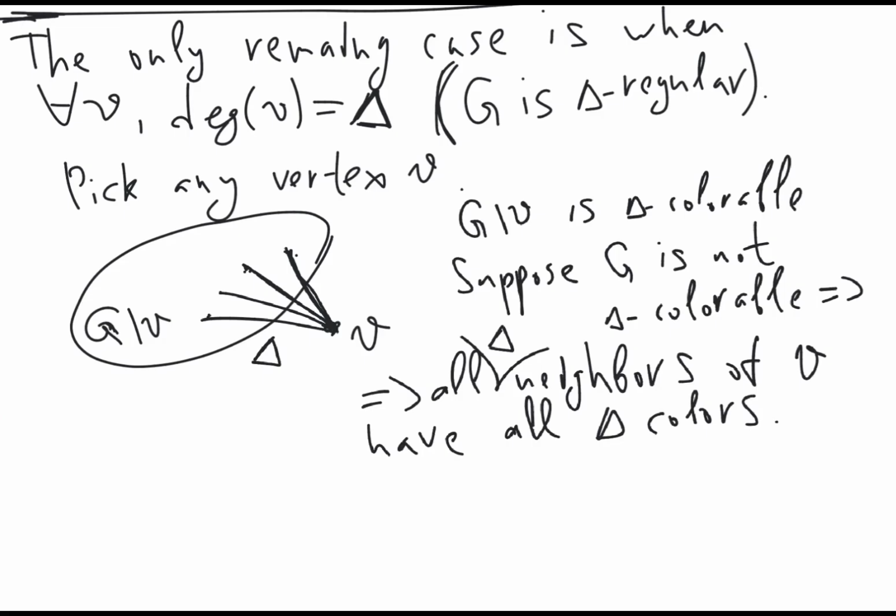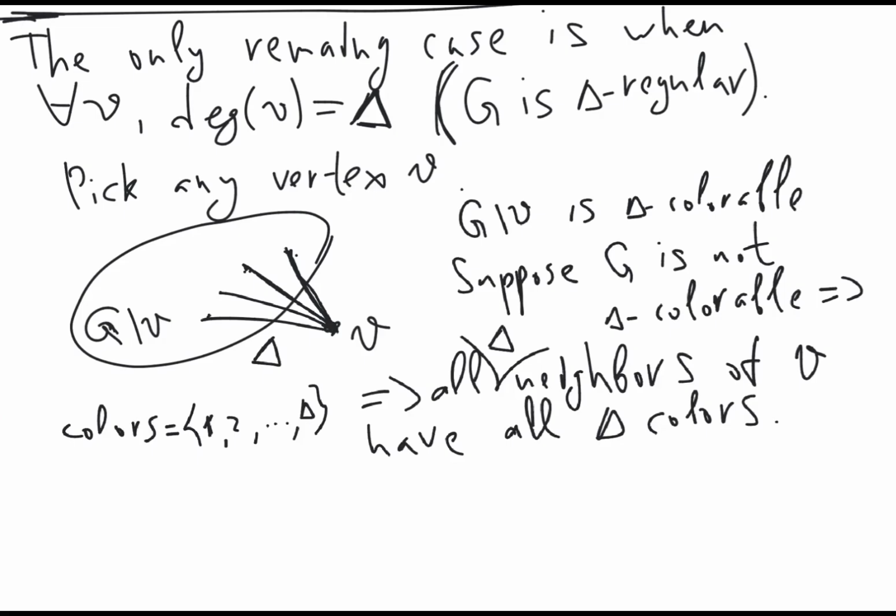Right? So if it has all delta colors, we denote the colors as a set 1, 2, and so on up to delta, just for convenience.